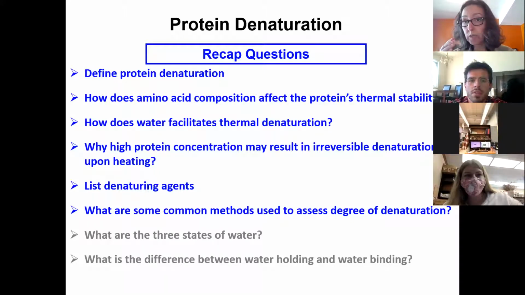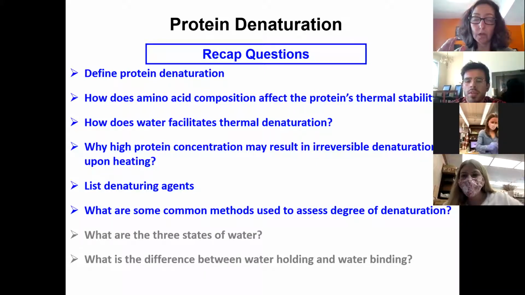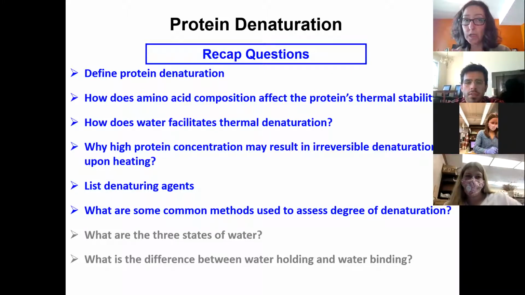We can have dissociation at different external conditions, pH, salt, and temperature. Or we can have unfolding of the tertiary structure by breakage of internal bonding. Or we can even have changes on the secondary level where alpha helix, for example, changes to beta sheet, and some of the alpha helix and beta sheet convert to random coil.